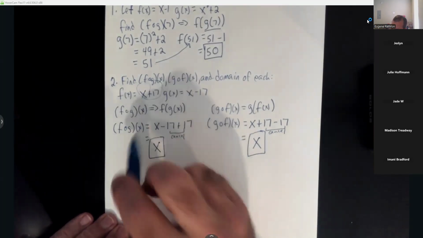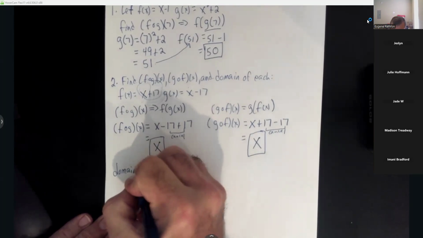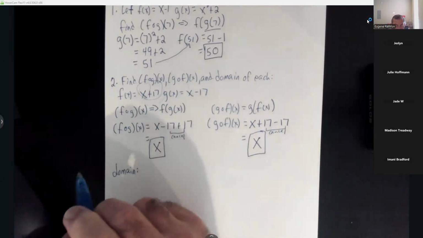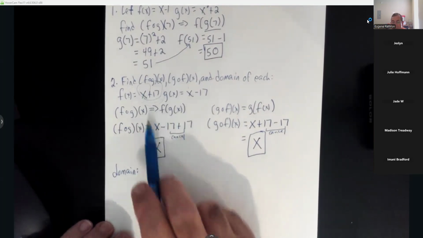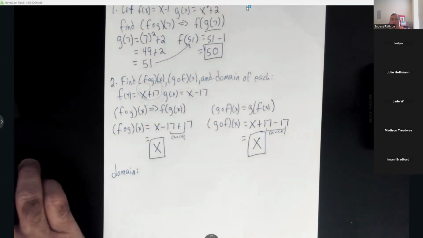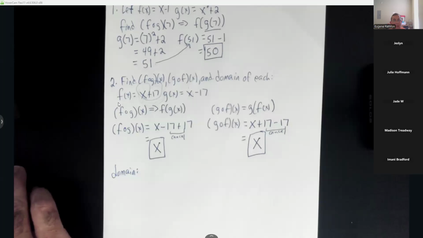So now let me do the domain for the first one. And they always want domains in interval notation. So, do you see any numbers you might have to exclude from this first function? X minus 17 plus 17.